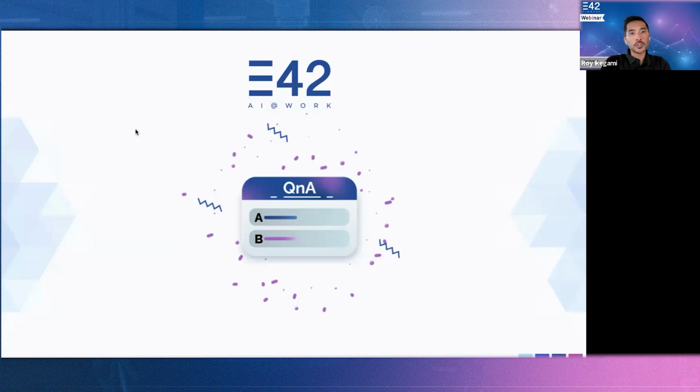Great. Does your solution also handle validation effectively? So yes, it does. E42 is a solution that is designed to work in an environment and with other systems.